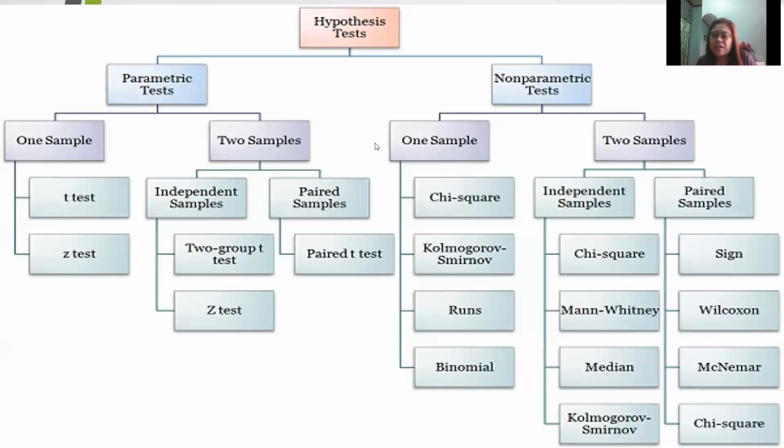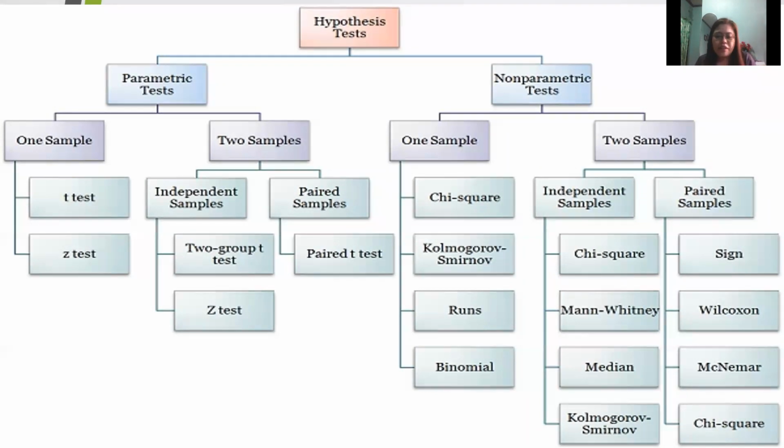Now, when your sample is paired, when I say paired sample, you have two groups, but they are related to each other, they are dependent on each other. For example, you have one group of rats, and you give them a drug, and then after 1 hour you check, for example, their blood sugar level.